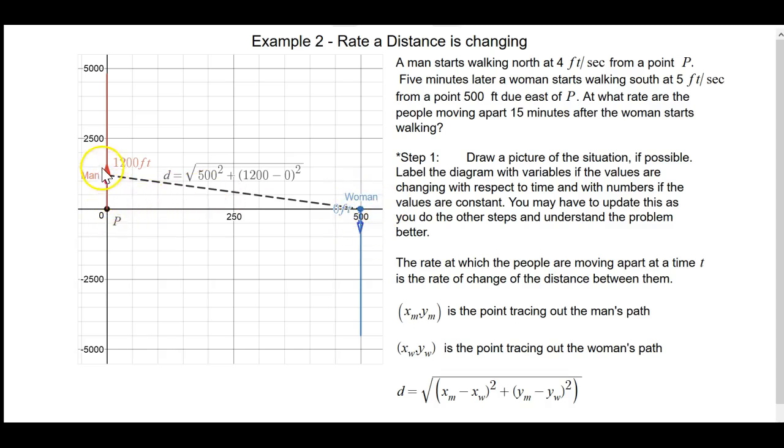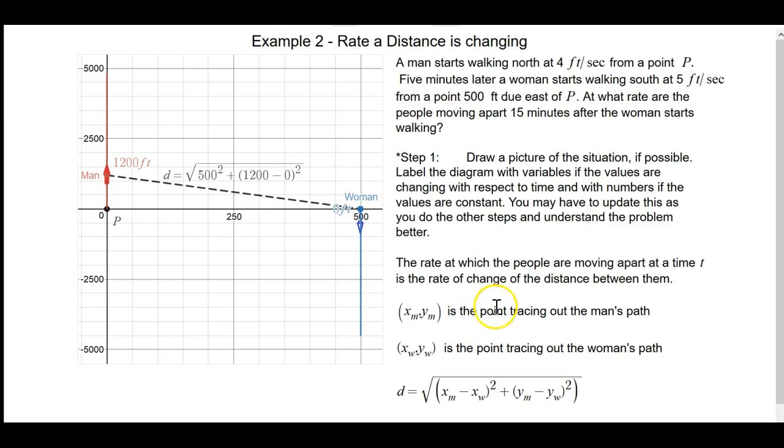So the man has that 1,200 foot head start. So that's what this shows. It shows the distance between them, by this line segment, between points that represent the man and the woman. And this is going to be changing as this point moves south and this point moves north.